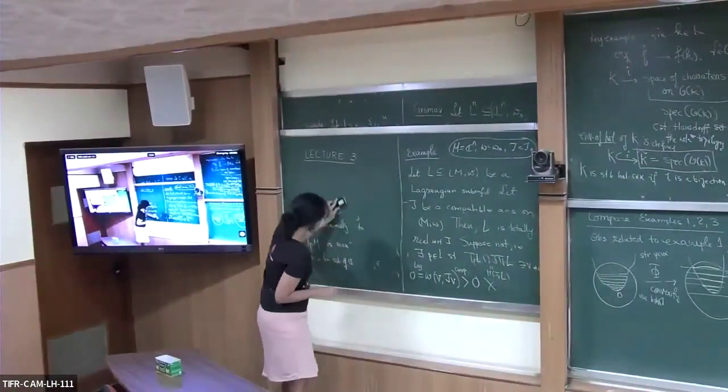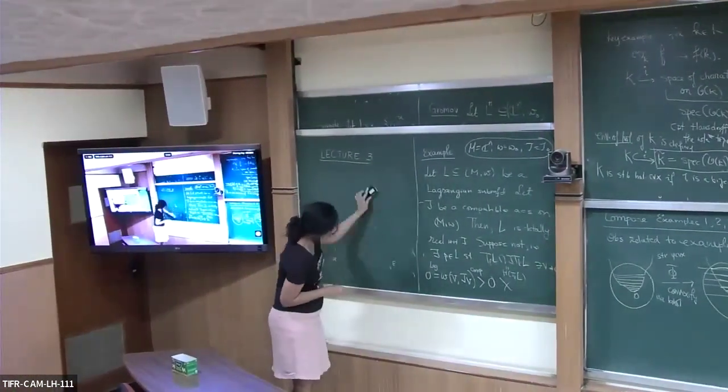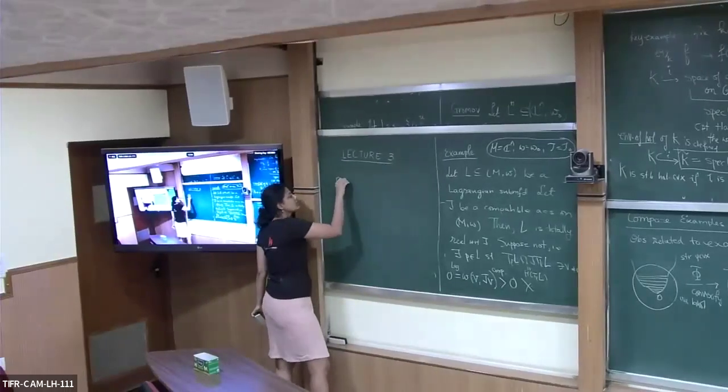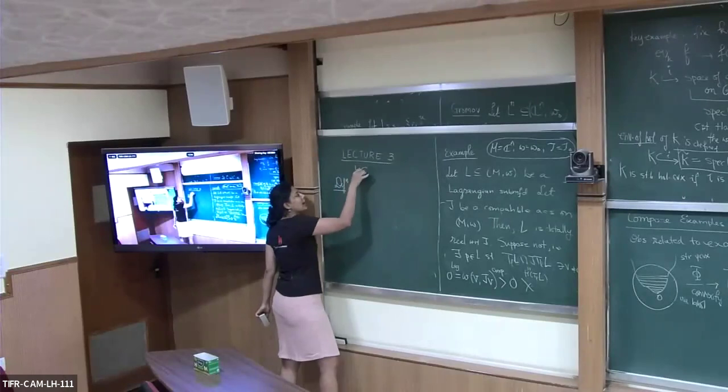So we talked about holomorphic convexity of a compact set, a slightly easier definition. So definition. Again, K is compact.